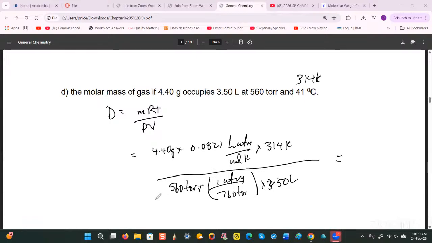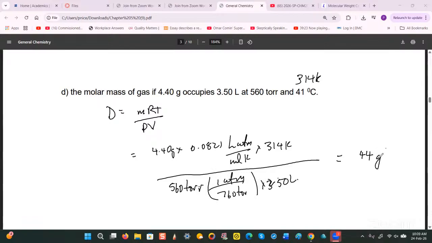And that's the setup, right? So let me do the number crunching. 4.4 times 0.0821 times 314. And then I'm going to divide that by 560, which is divided by 760, which is multiplied by 3.50. According to my calculation, in this case, we have to round off to 2 sig figs. So when we do that, the answer becomes 44.